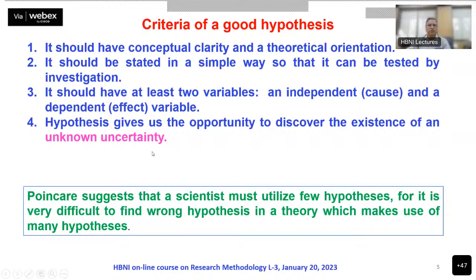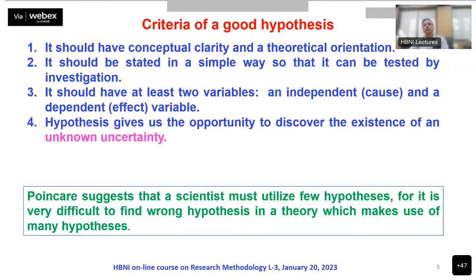So the hypothesis gives us the opportunity to discover the existence of an unknown uncertainty. This unknown uncertainty is a phenomenon that can happen in any research. And it is important to understand that you cannot predict the outcome of a research.